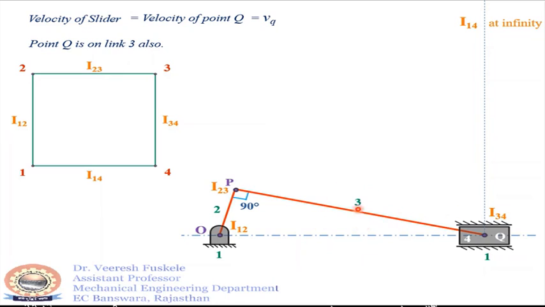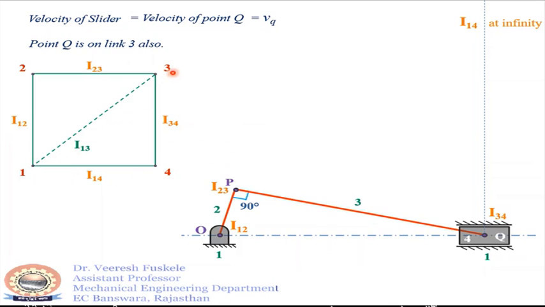So to get the velocity of this link 3, let us locate the instantaneous center of link 3. For doing that, we will join this 1, 2, 3. So this will give us the instantaneous center I13 as follows.